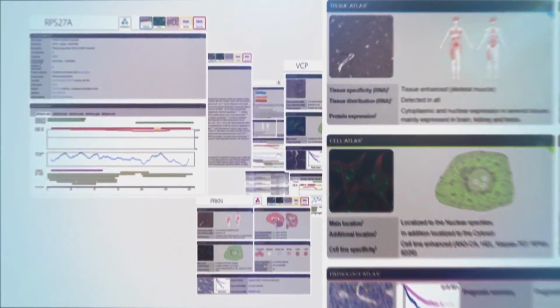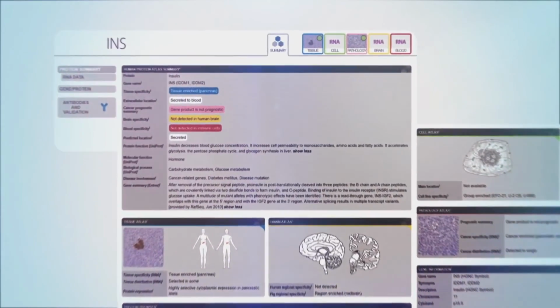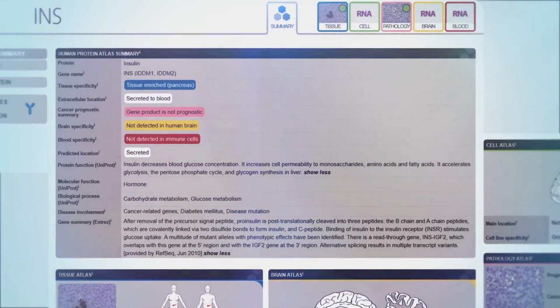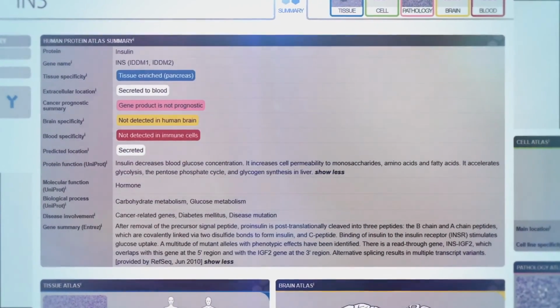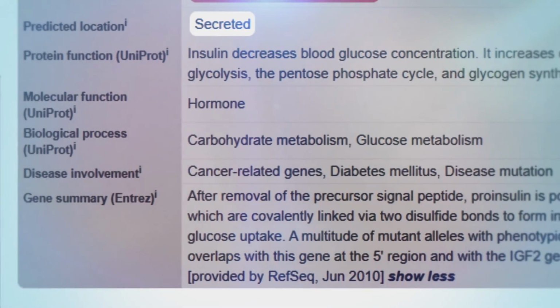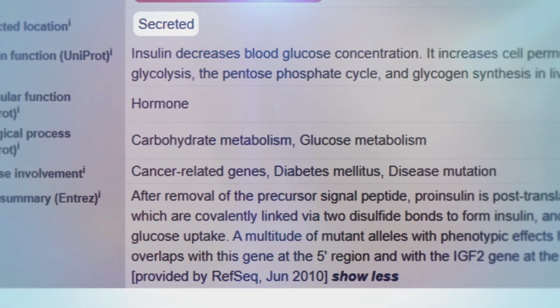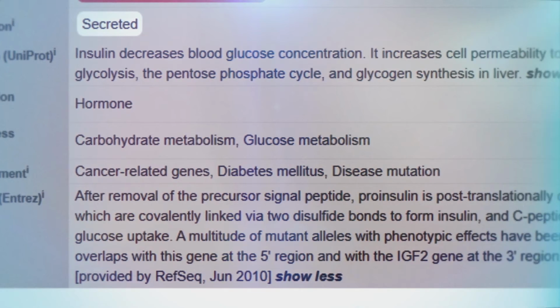For each protein, a page has been created to allow researchers to get a summary of the information gathered by the content of the different parts of the Human Protein Atlas. For example, the information for insulin involved in diabetes is shown here. The summary page also gives information about the function of the protein and if the protein is involved in any human disease.